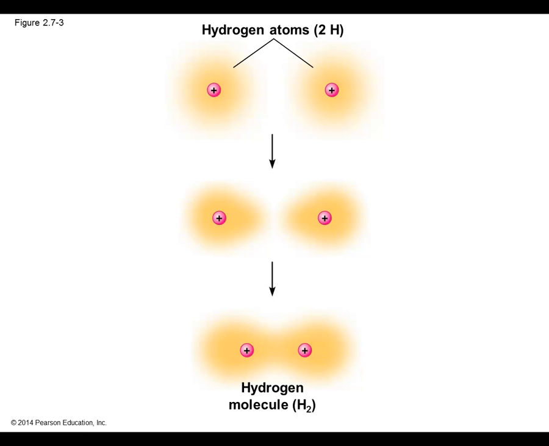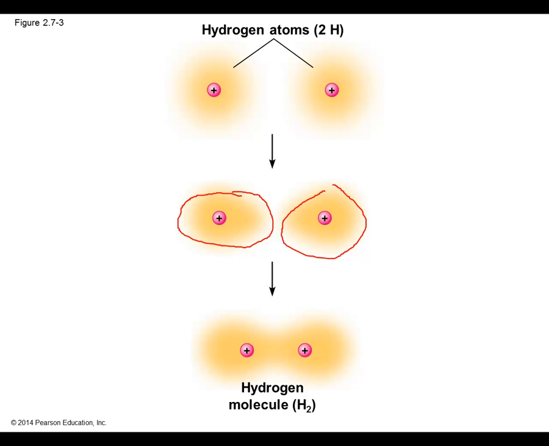So they're sharing electrons. This particular figure shows what happens when two hydrogen atoms form a covalent bond. Each hydrogen has one valence electron, represented by the electron cloud, and it has a capacity for filling with two electrons, and that makes it chemically reactive because it's unfilled.